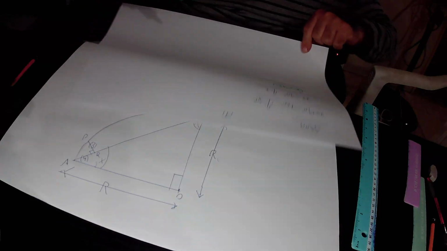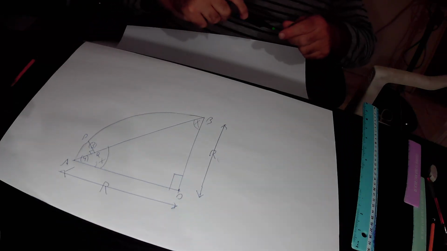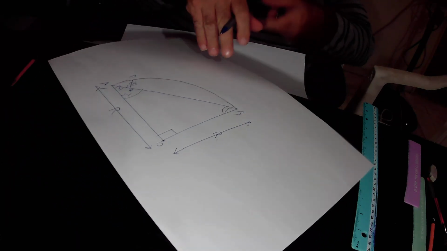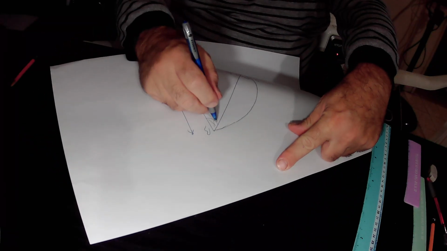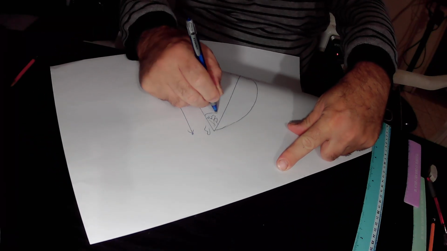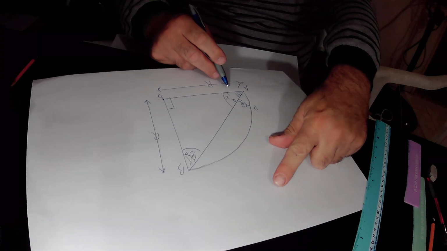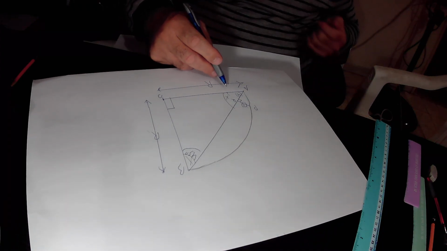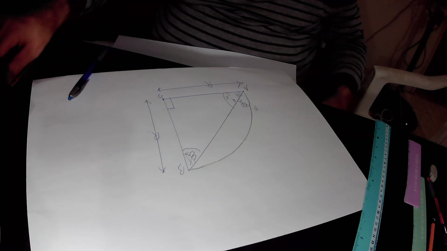So actually, x is equal to 45 degrees in size. Likewise, this other angle x is also equal to 45 degrees in size.